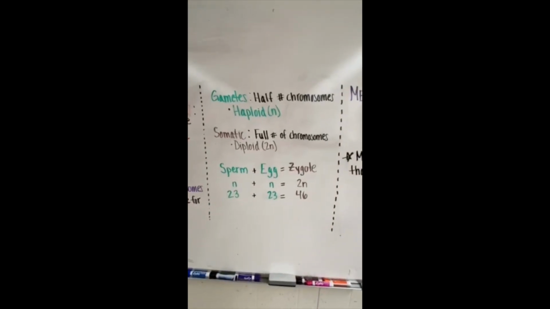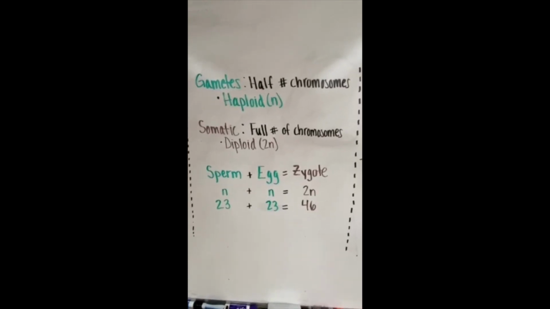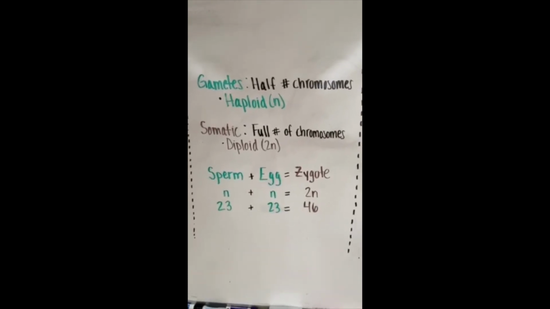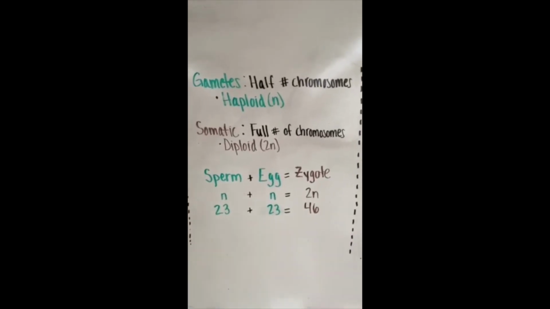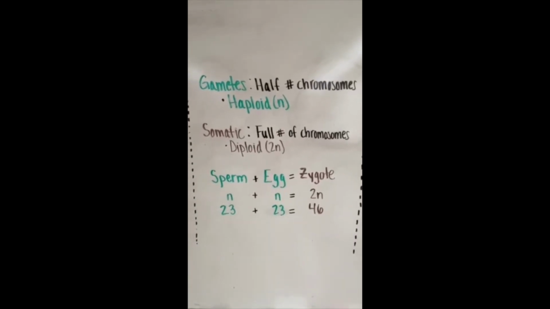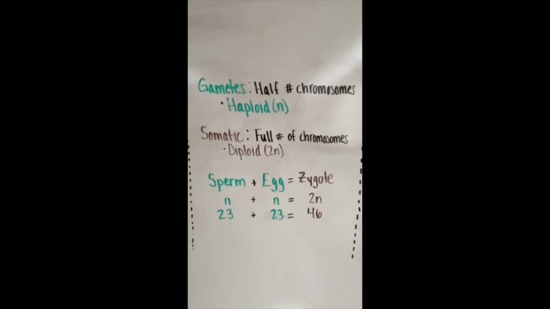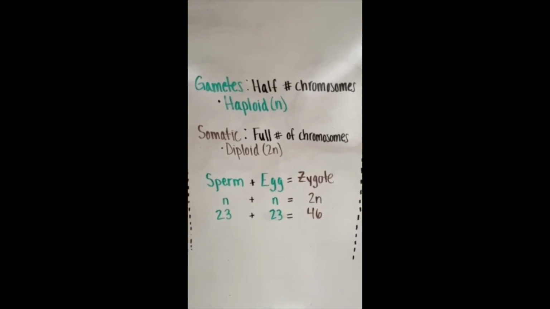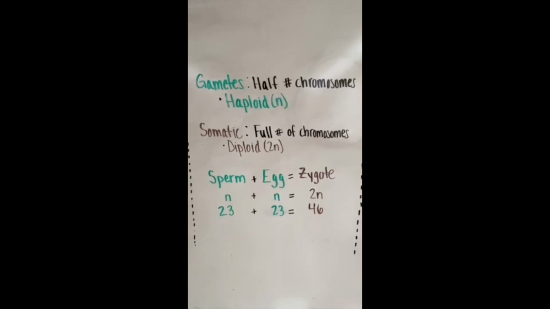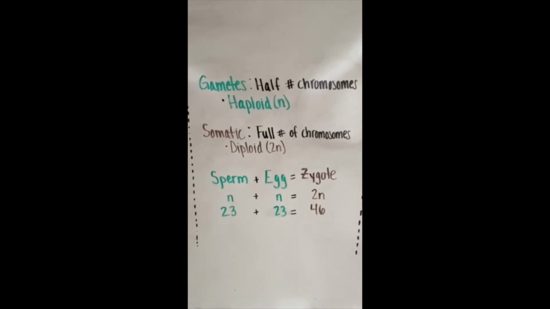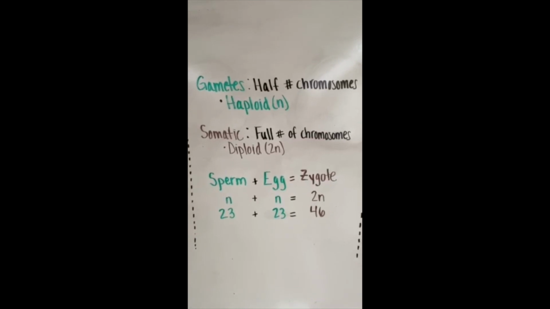What's the deal with your gametes and the number of chromosomes? Your gametes have half the number of chromosomes, or 23 total. They're called haploids. We remember that term because haploid sounds like half. Somatic cells are the rest of your body cells. They have a full, complete number of chromosomes.